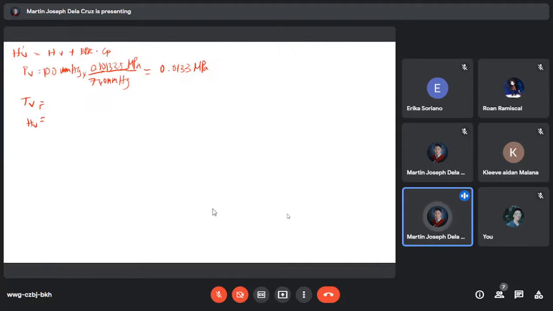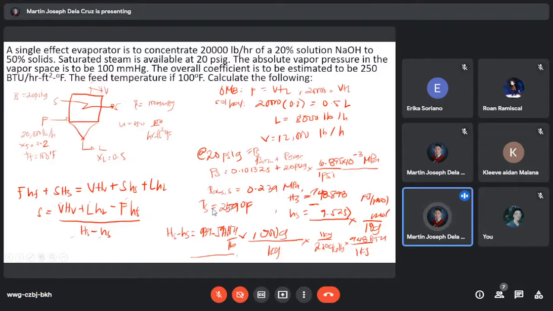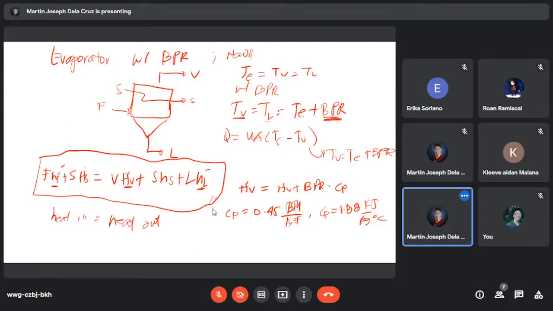So kanina class, dito part, to get your HV, naka-prime tayo dyan. So H prime V should be HV plus boiling point rise times yung CP. Mamaya makukuha natin yung boiling point rise pag nakuha na natin si temperature.